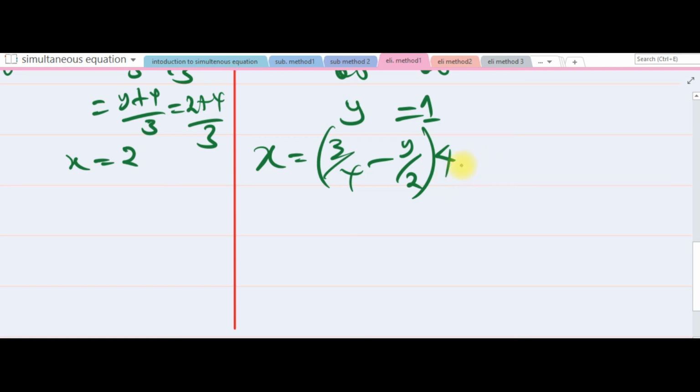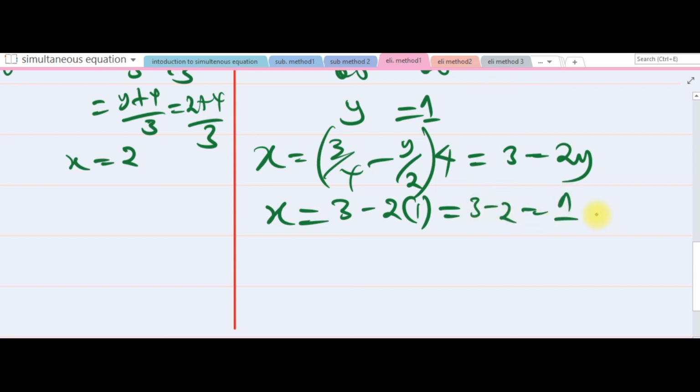So I made x the subject of the formula, which is now 3 minus 2y. So x is now 3 minus 2 times 1 because y is 1. 3 minus 2 is 1. So x and y are both 1.